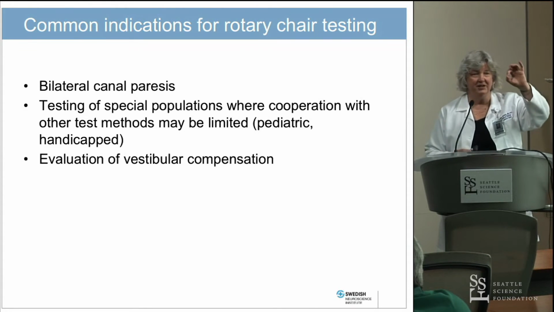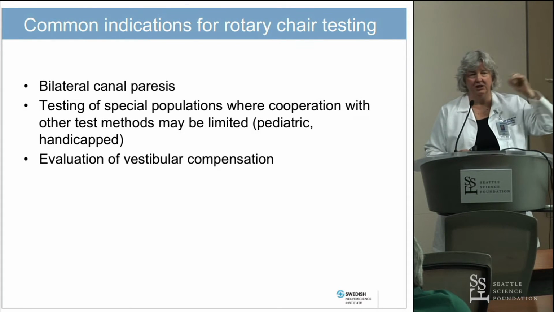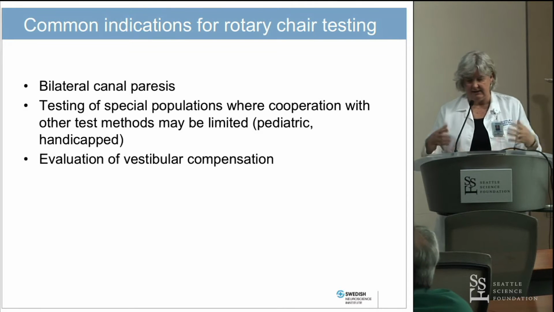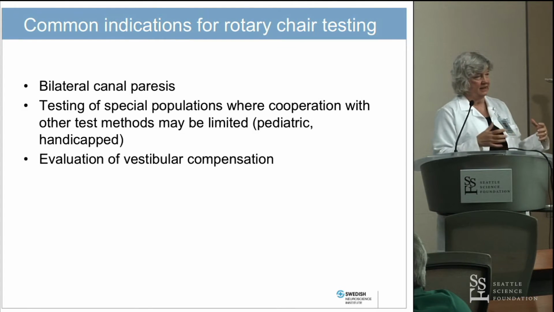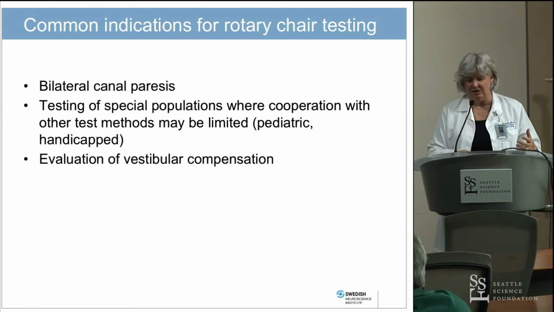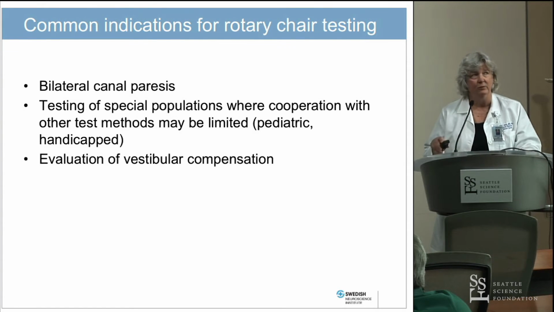You can make your targets little smiley faces. You can do all kinds of cool stuff that make the chair really appealing to kids. Or little kids can sit on a parent's lap and look at the light and move. So we can test a range of ages and cooperation levels in the chair that you just couldn't easily do calorics on that population. So a lot of cochlear implant kids, the question is, do they have vestibular function? And that's real easy to do if you just plop them in a chair and rotate them around a little bit.